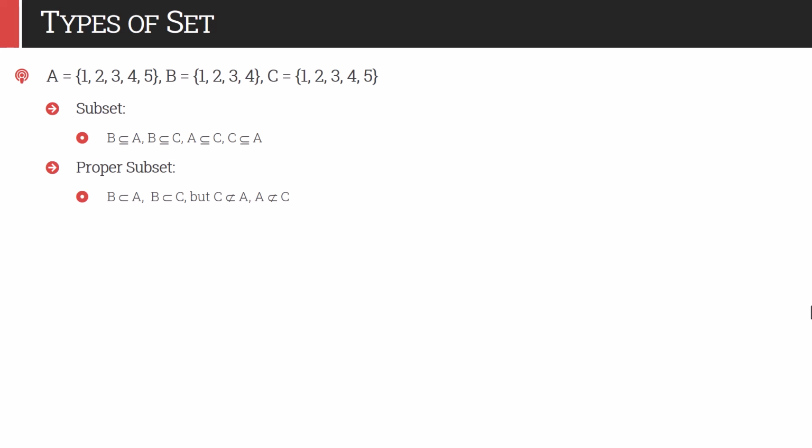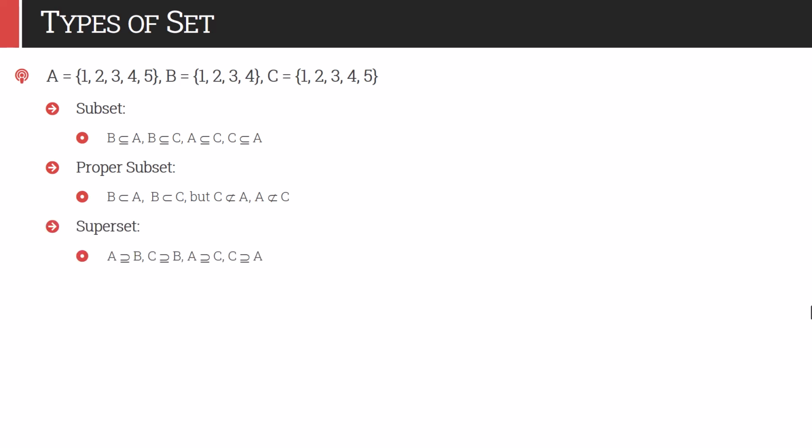But when we talk about a proper subset, only B is a proper subset of A and B is a proper subset of C. But as there is no additional element in A and C relative to their counterpart, we cannot say that C is a proper subset of A or A is a proper subset of C. That is not true in case of proper subset.